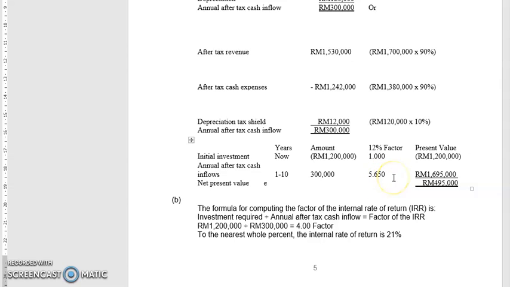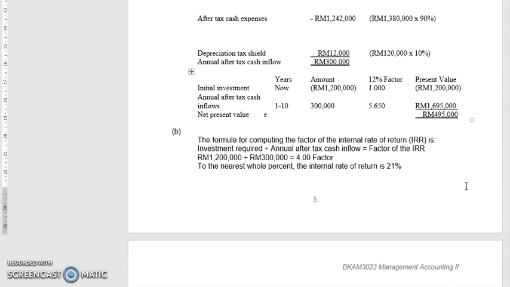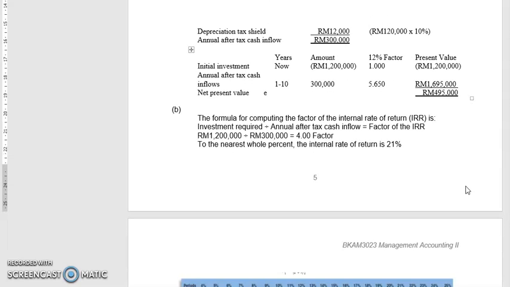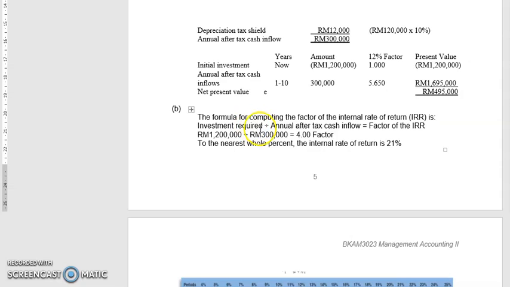So this is the interest factors, and you get the amount, and the net present value is 495k.